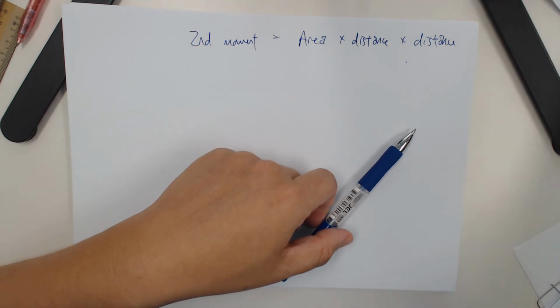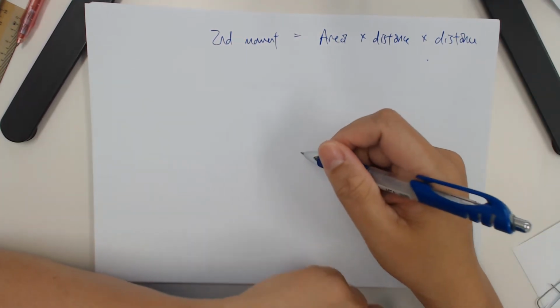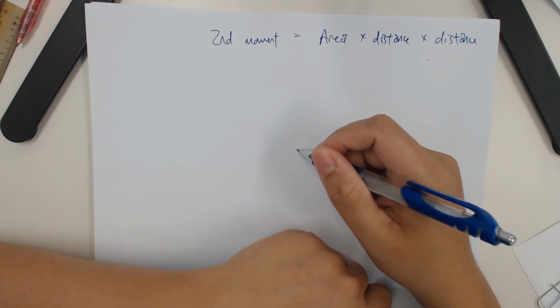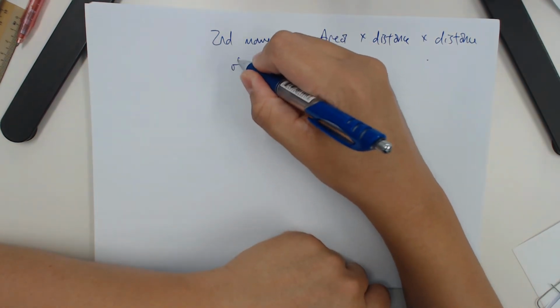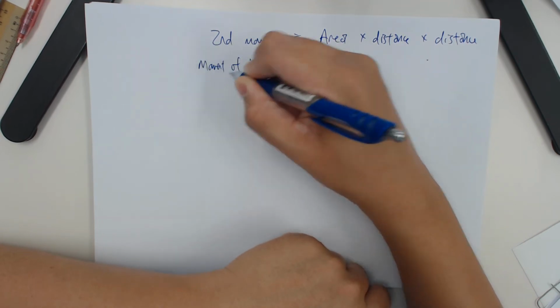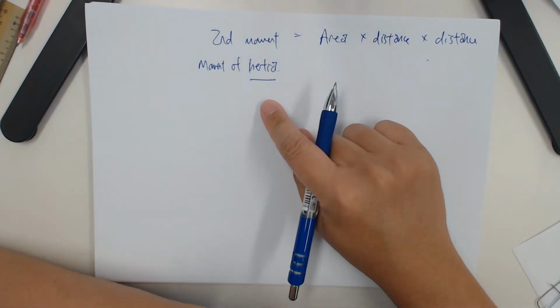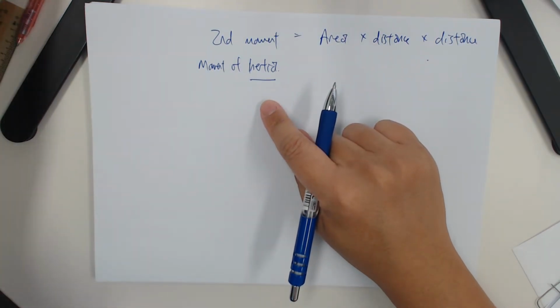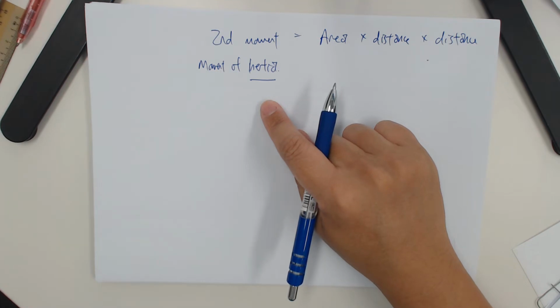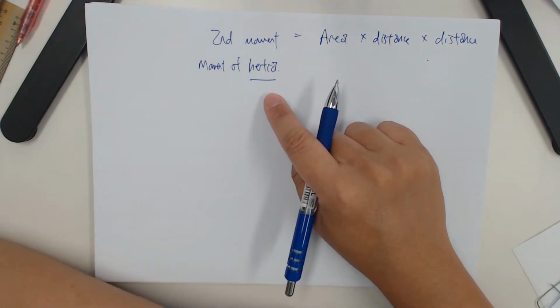Second moment of area is actually related to moment of inertia. When we say inertia, it's a kind of resistance, correct? When somebody pushes you, you don't want to get pushed, so you push back.